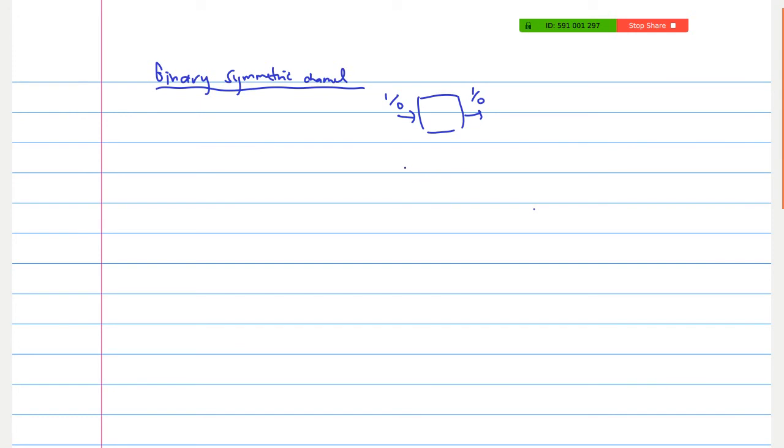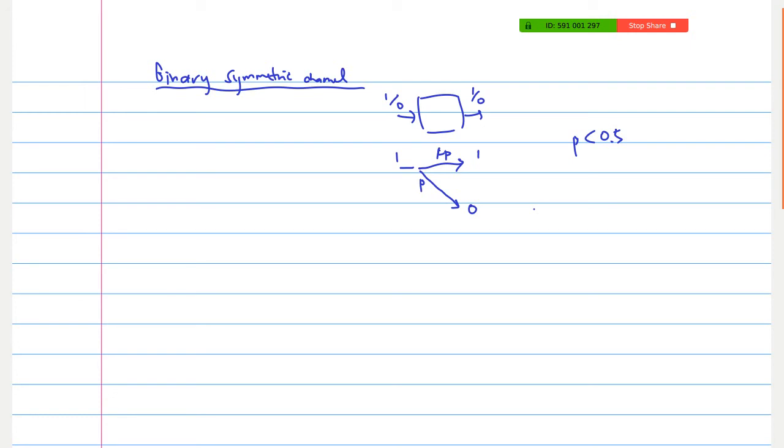Basically if I come in with 1, it sometimes will send out 1. Actually, most of the time it will send out 1, with probability 1 minus p. But sometimes you will just get an error that will send out 0 instead. So basically that's what is going on. And p is typically less than 0.5.